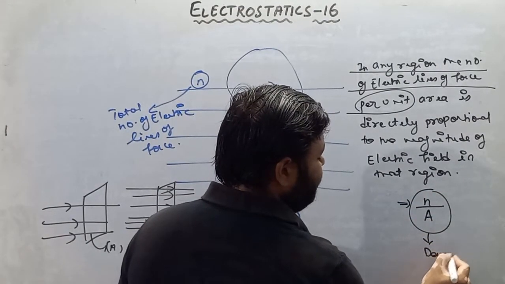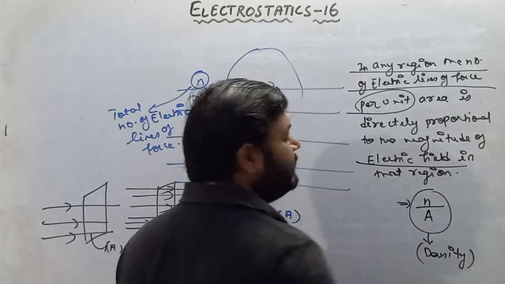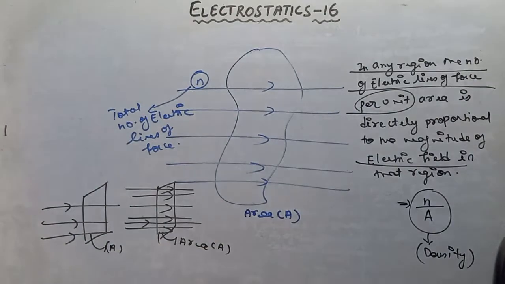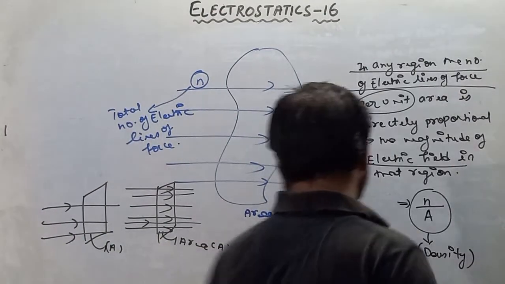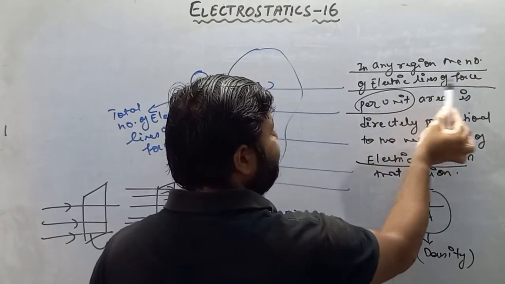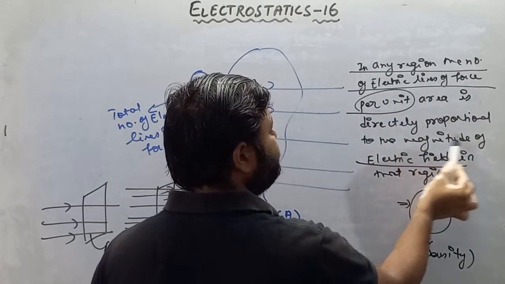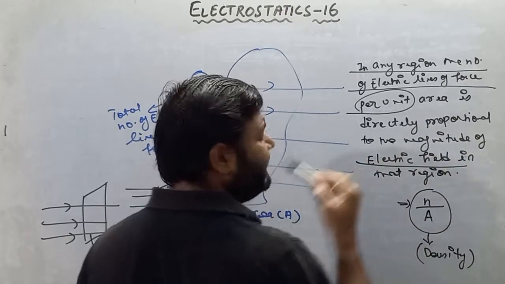So we'll say that density is directly proportional to the electric field in that region. I'll write here: in any region, the number of electric lines of force per unit area is directly proportional to the magnitude of the electric field in that region.